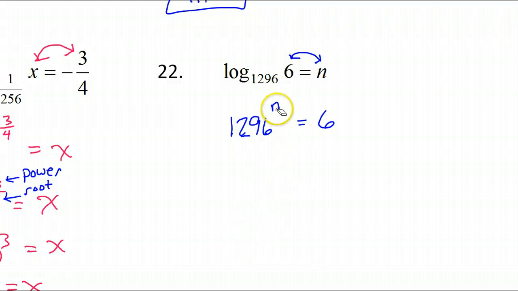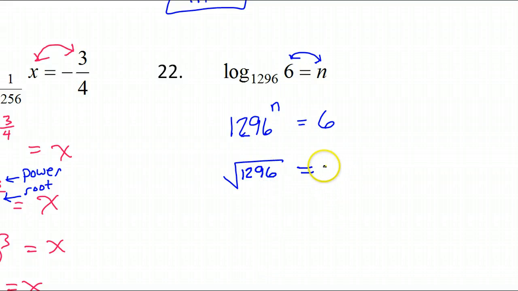What kind of a power is going to change a big number into a small number? Well, I'm hoping that you're thinking it's going to be some type of a root. A root will turn a bigger number into a smaller number if it's the right two numbers. So it's going to be some kind of a root. So the question is, well, let me not use n. Let me just put a little question mark.